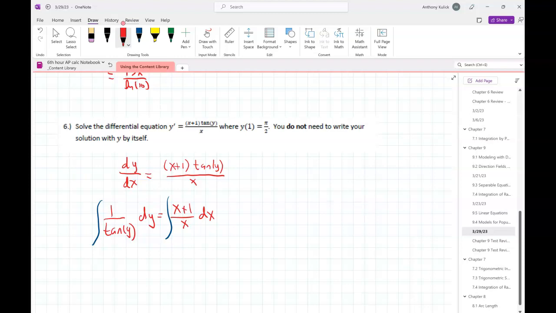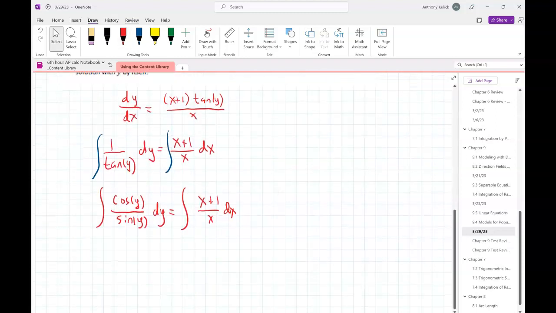Okay, so cotangent is the same thing as cosine over sine. And that looks like something we can u-sub.